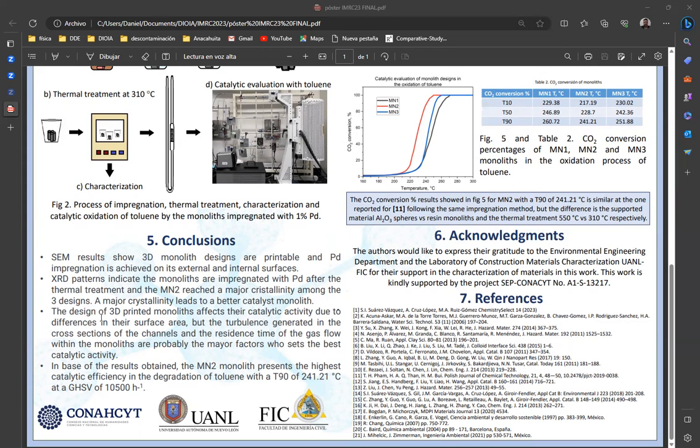Based on the results obtained, the MN2 monolith presents the highest catalytic efficiency in the degradation of toluene with a T90 of 241.21 degrees Celsius at a GHSV of 10,500 h^-1.